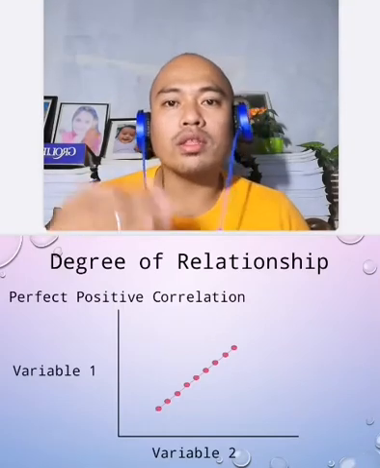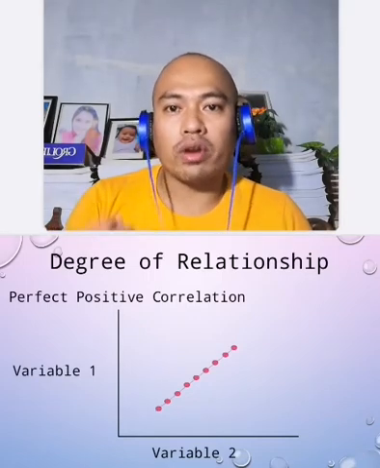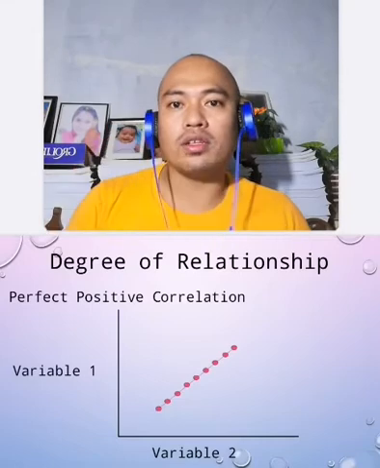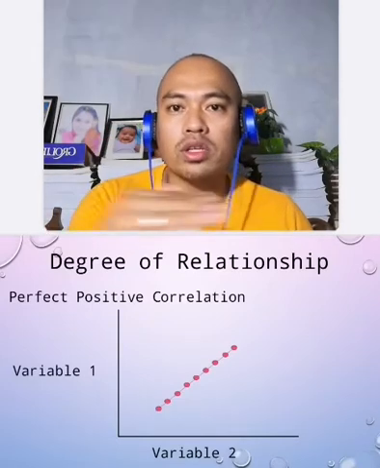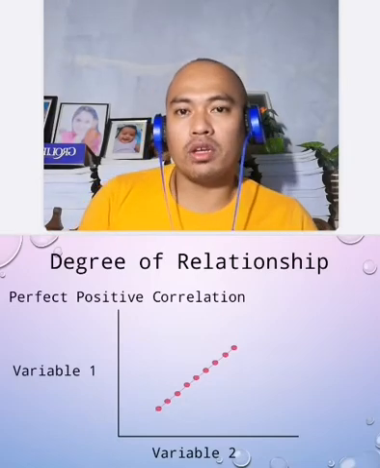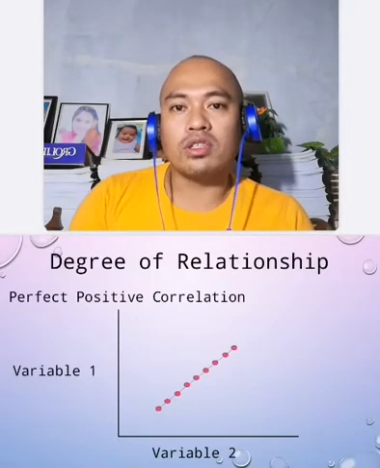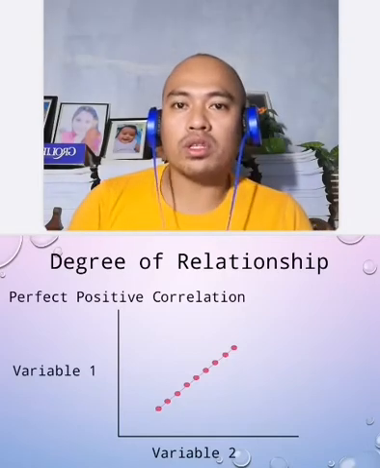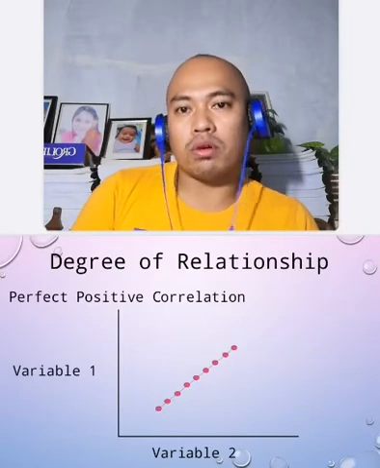So what is the behavior of that line when it comes to correlation? Is it rising, is it falling, or does the line run horizontally? These are actually the different types of relationships that we can have when we are correlating two or more variables.